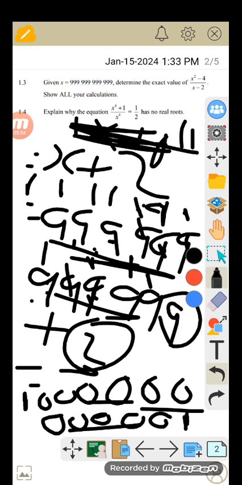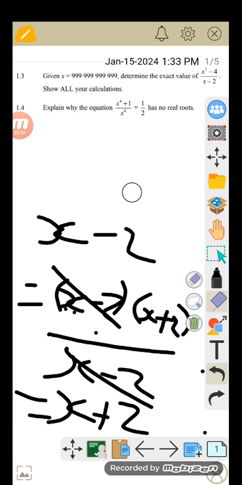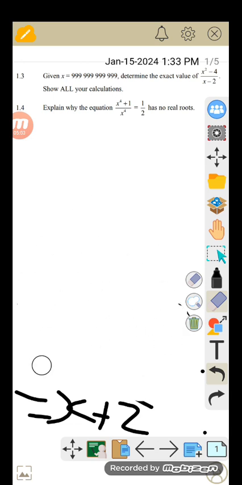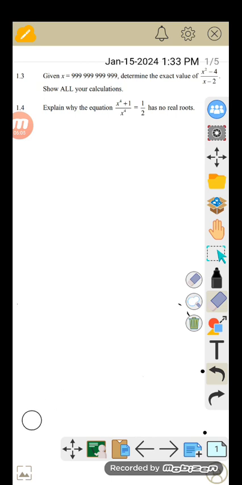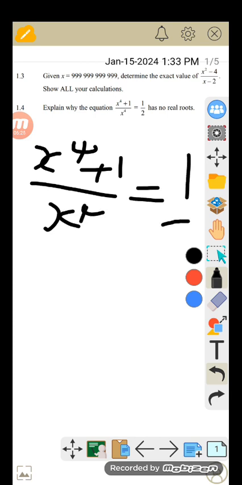Let me just wrap here for a moment. I'm going to write it like this: x to the 4 plus 1 all over x to the 4 equals 1 over 2.